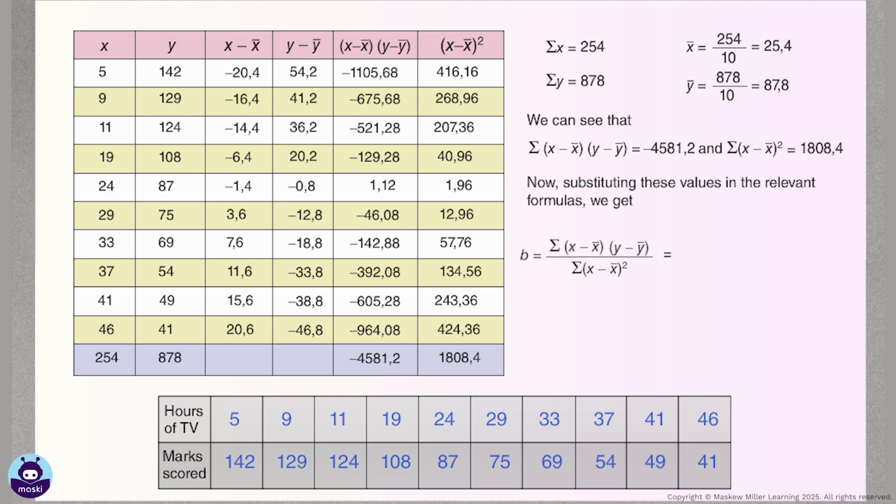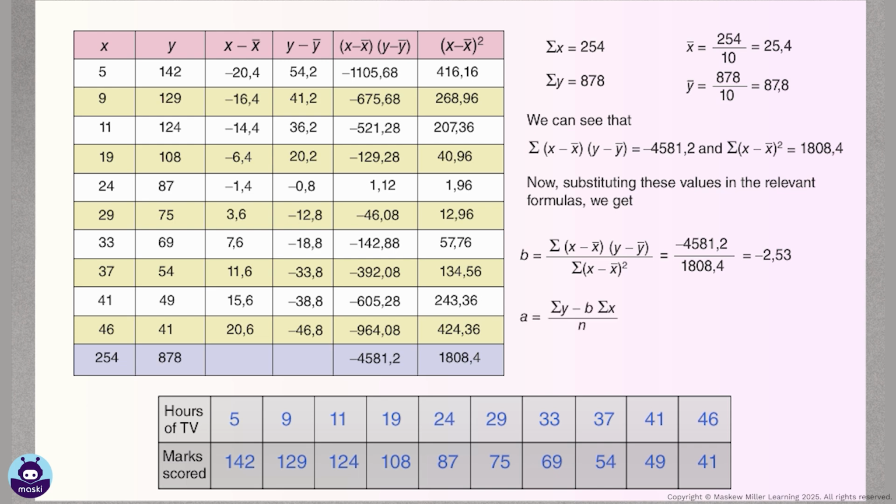We get b is equal to summation x minus x bar times y minus y bar over summation x minus x bar the whole squared is equal to negative 4,581,2 all over 1,808,4 is equal to negative 2,53.